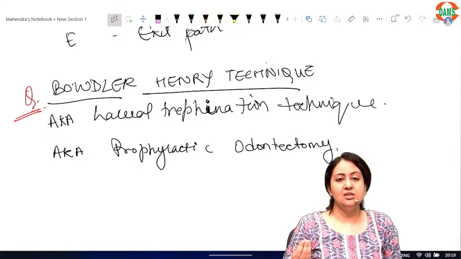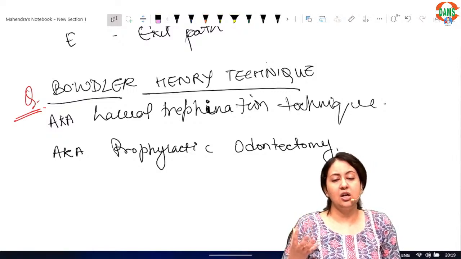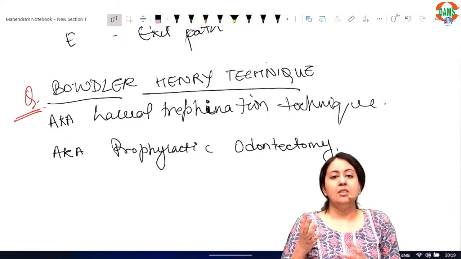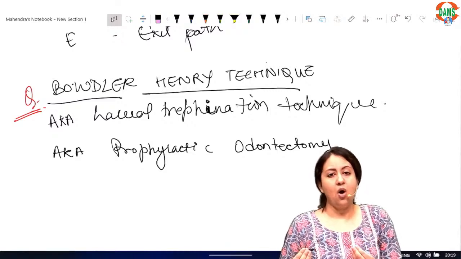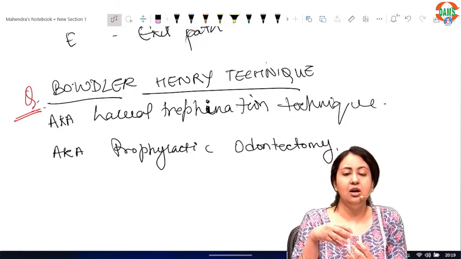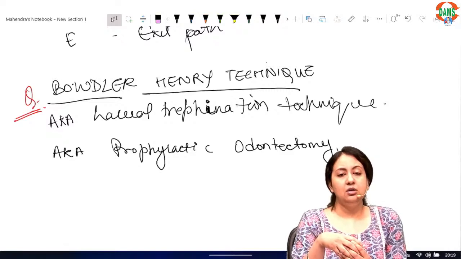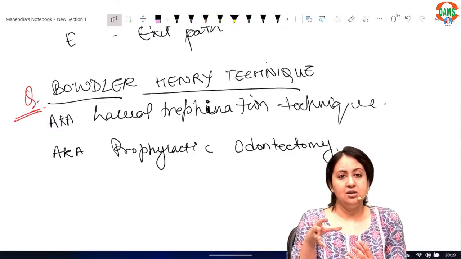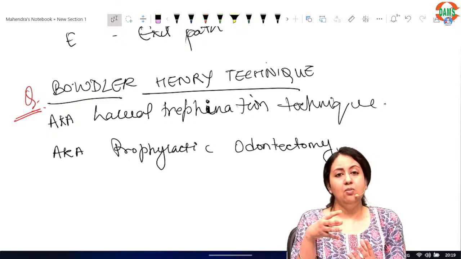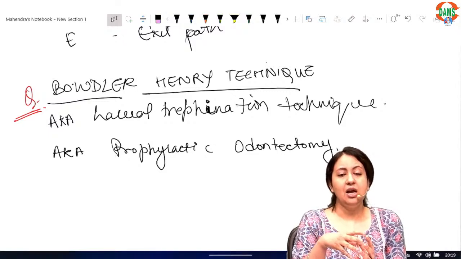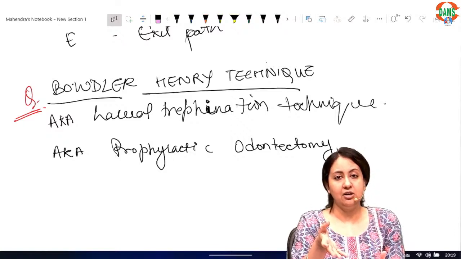That means what is developmental stages? When its root has not been completed yet. Now, why? There are some authors of the school of thought that if we remove the third molars in their developmental stage or prophylactically, there will be more space in the jaws available and less crowding in the anterior teeth.